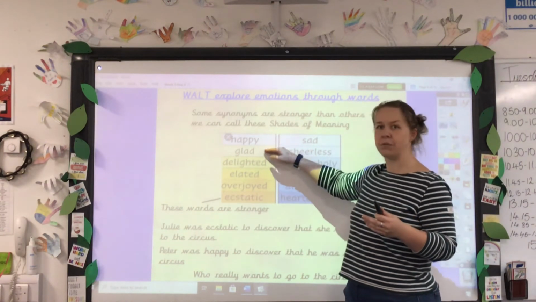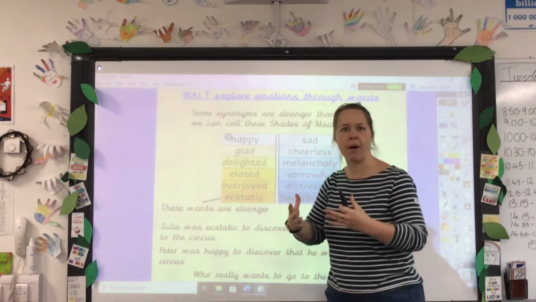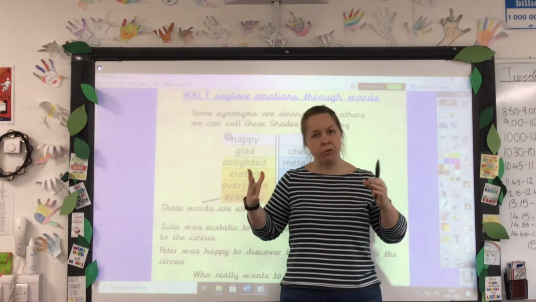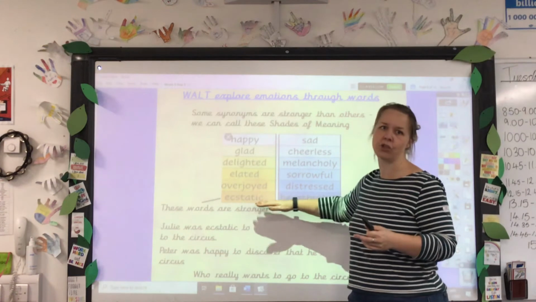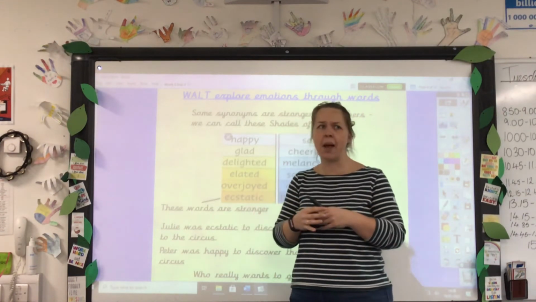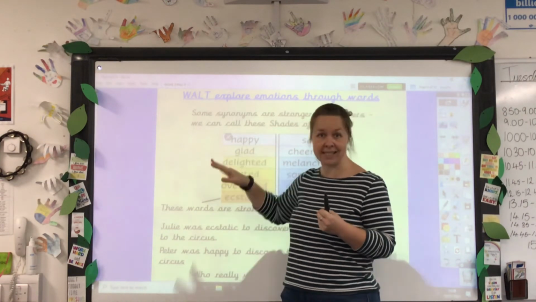Then we've got glad, a step up from happy, and then delighted, a step up from glad. Elated, overjoyed. And then we've got ecstatic, right at the bottom here. These words are the ones that are stronger. Someone's ecstatic about something, which is a much stronger word for happiness than happy, isn't it?